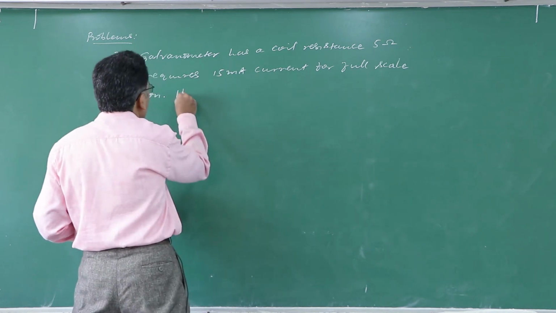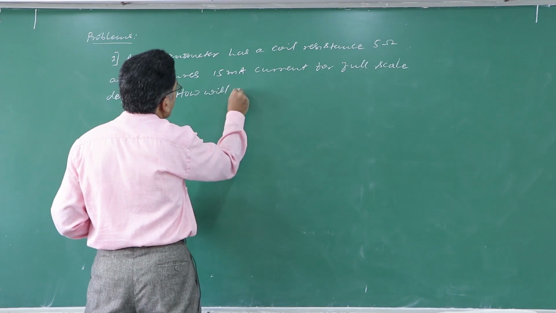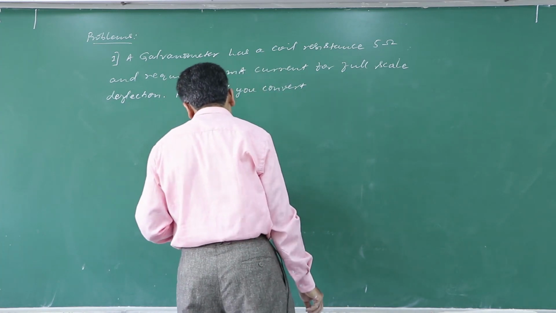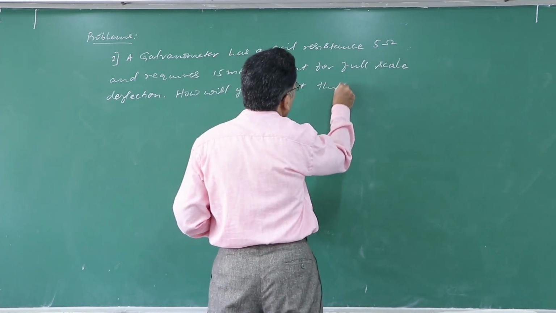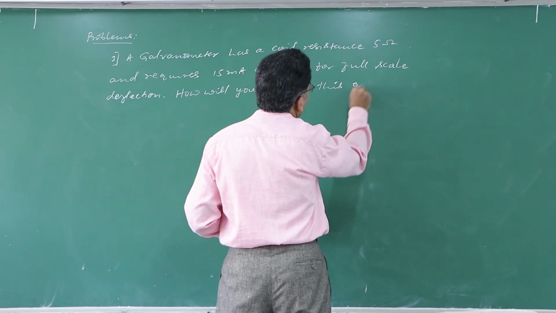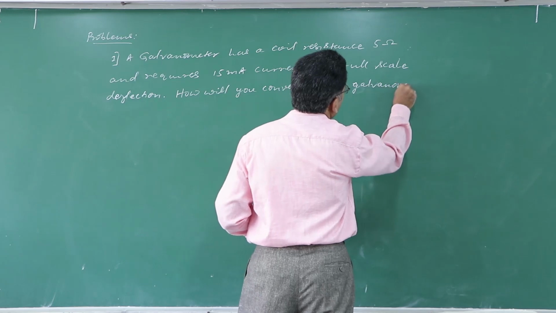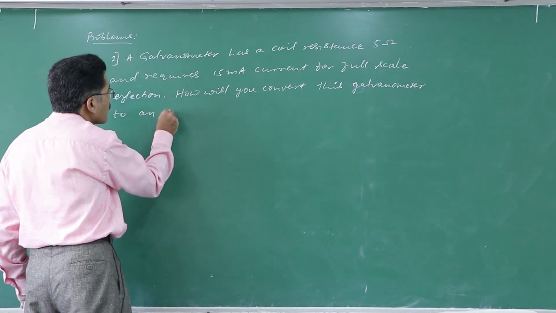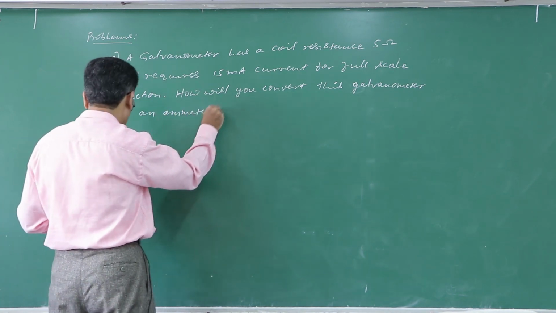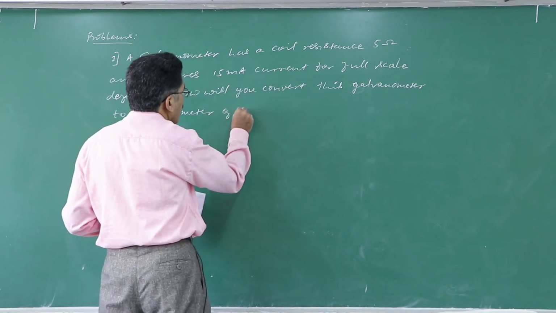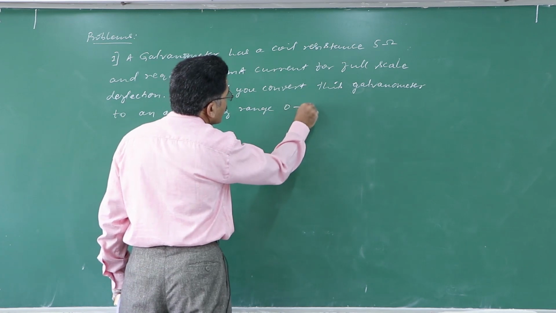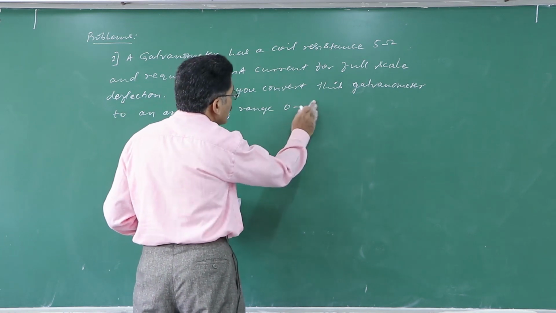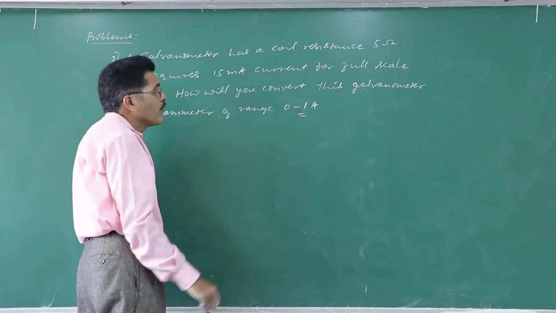How will you convert this galvanometer to an ammeter of range 0 to 1 ampere?